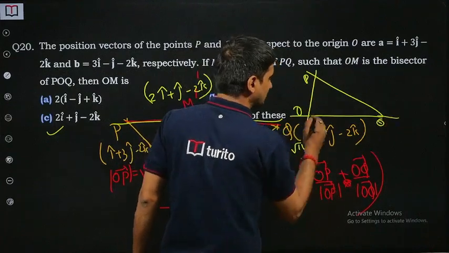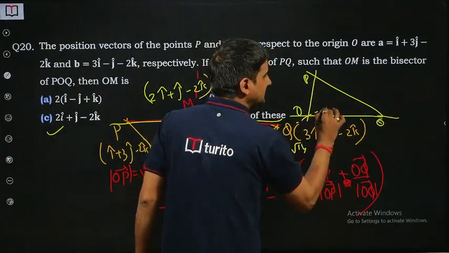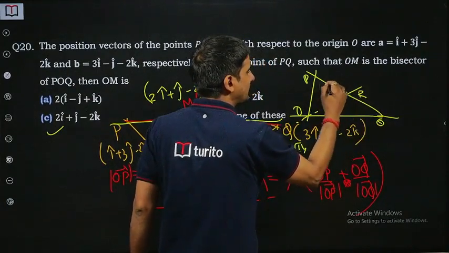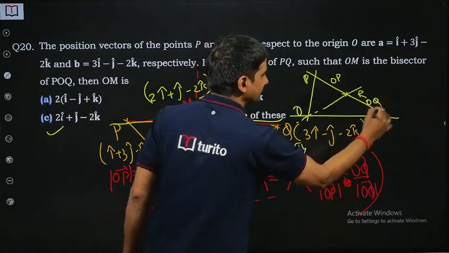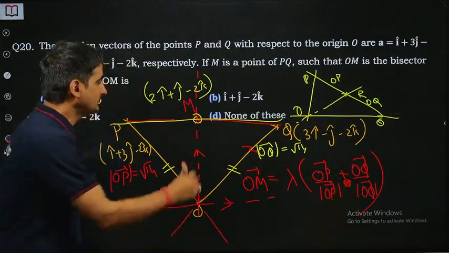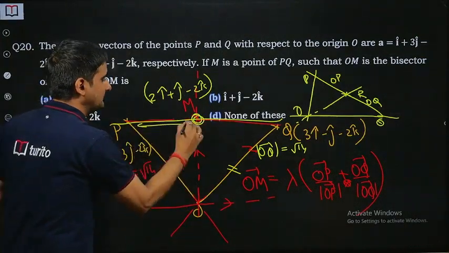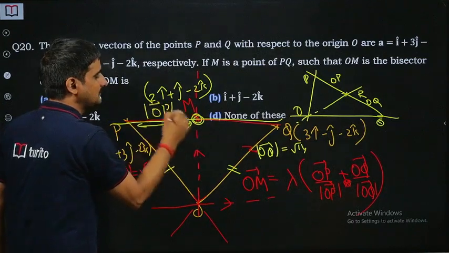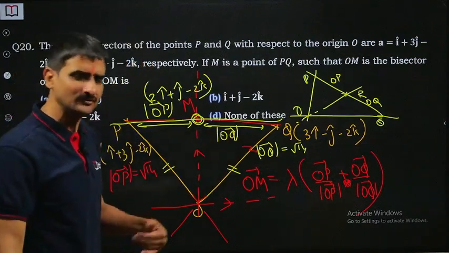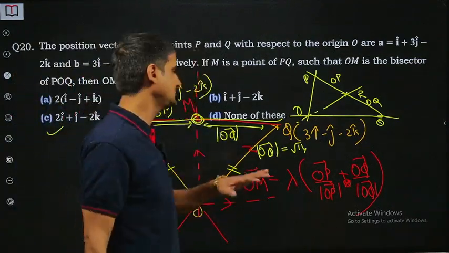The angle bisector divides the opposite side in the ratio of the arms forming the angle, OP is to OQ. In that case also we have both side lengths. We would have used the section formula, with OP magnitude and OQ magnitude. We don't need any equation in that case also.